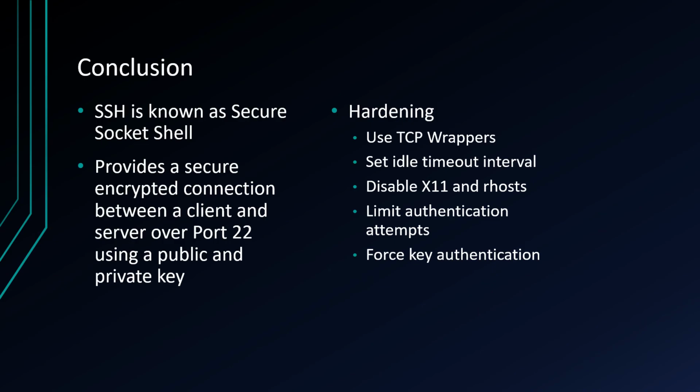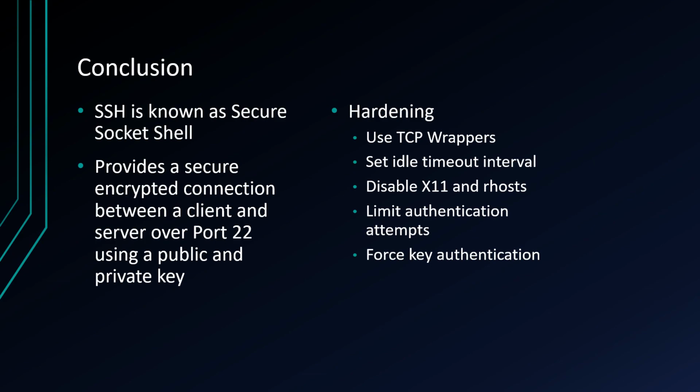This was through using TCP wrappers to make it so that only given IP addresses can connect through SSH, and setting idle timeout intervals so you don't have open connections maintaining themselves between the client and the server. Then there's also disabling X11 and rhosts.